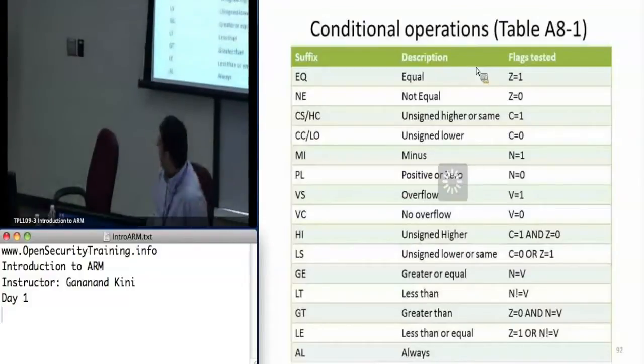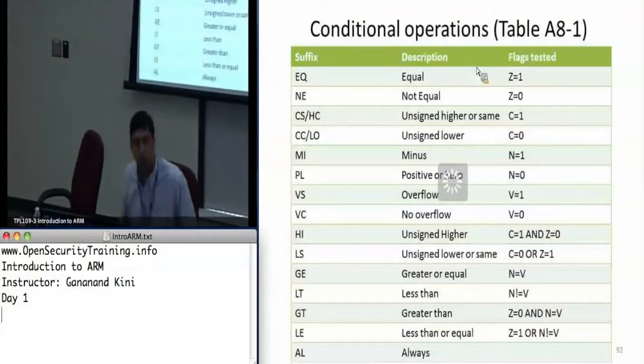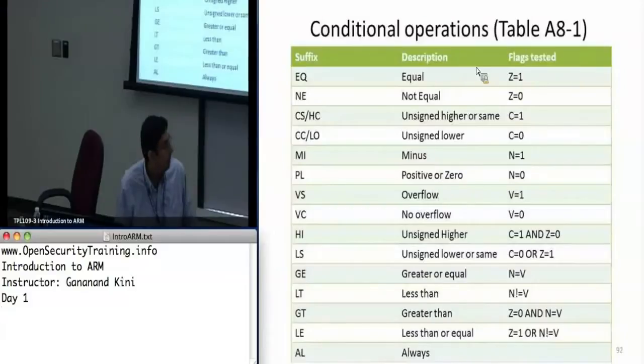This is meant to optimize performance, because you can do branch prediction and things like that much better if you have the conditions. That's why they have these conditional suffixes.